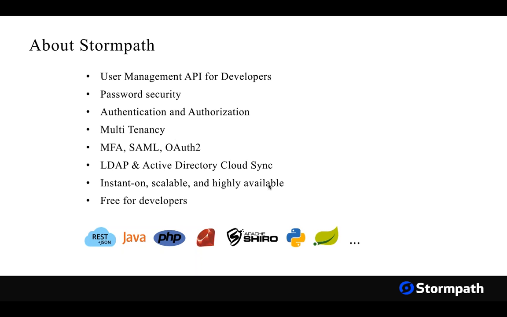So we handle things like password security, authentication and authorization, data storage, data modeling, multi-tenancy. If you've got different tenants or customers that you need to support for your application, we help automate that. We also do multi-factor authentication, SAML support, both service provider and identity provider support, as well as OAuth 2, which we'll be talking a little bit about today.